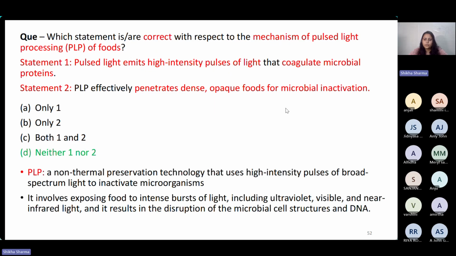Okay, let's see. Here neither 1 nor 2 is correct. PLP is basically a non-thermal process.